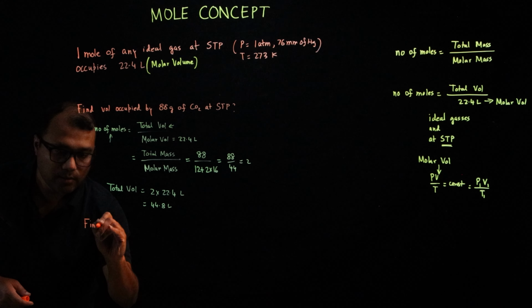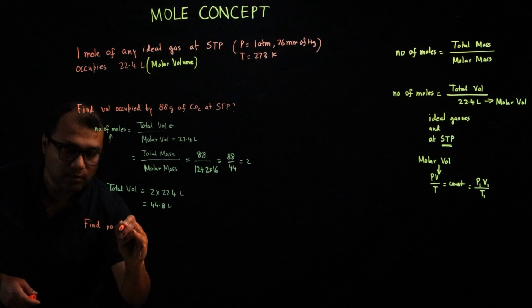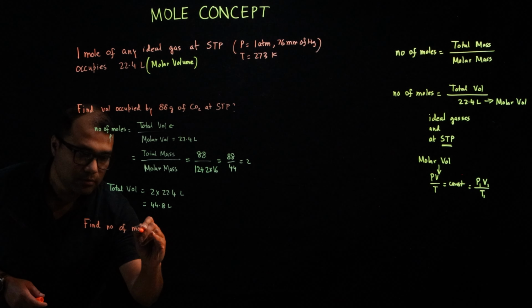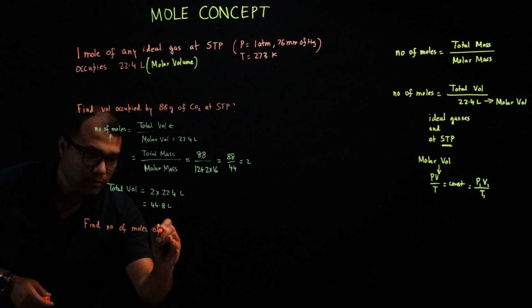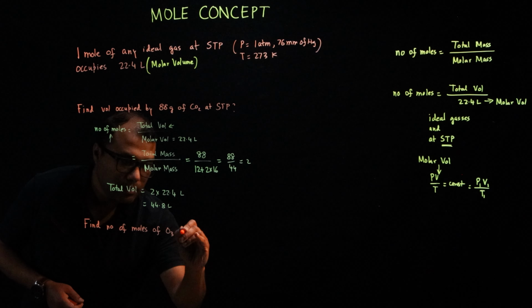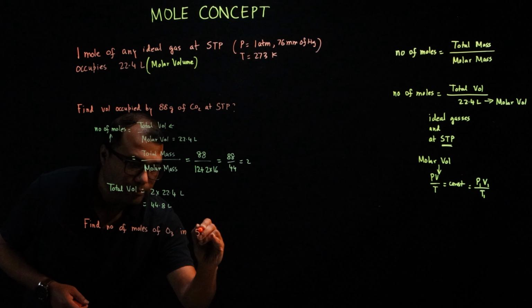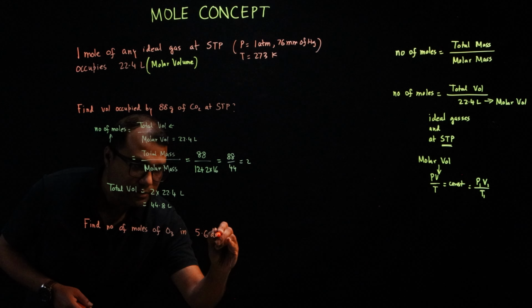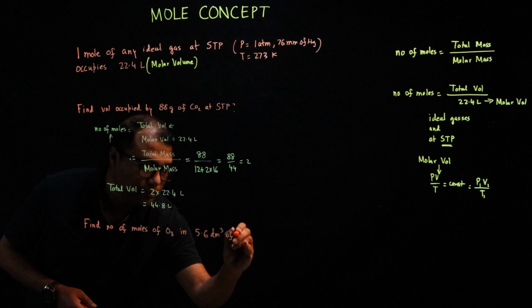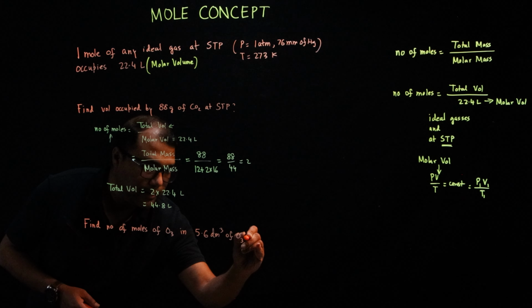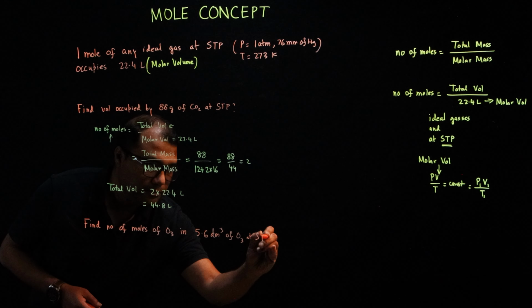Find the number of moles of ozone gas in 5.6 decimeter cube of ozone at STP.